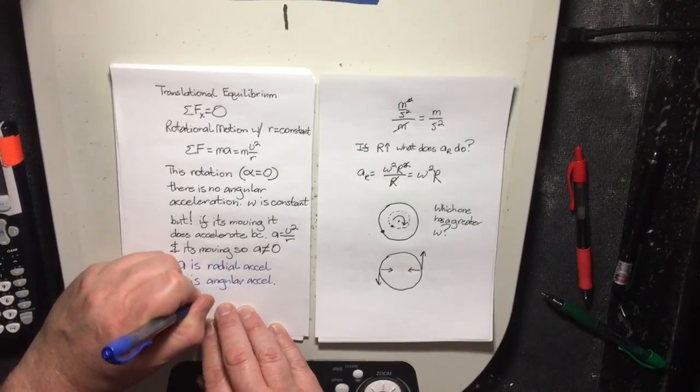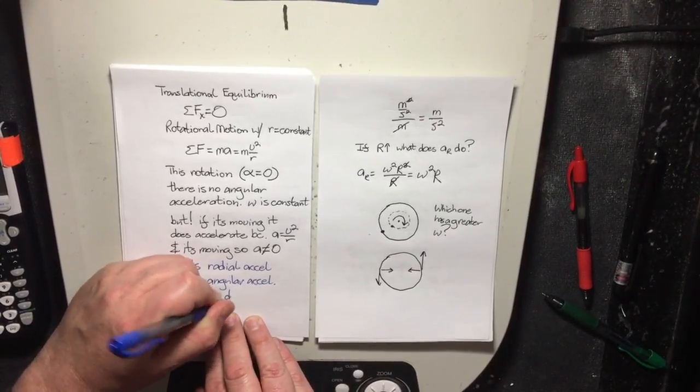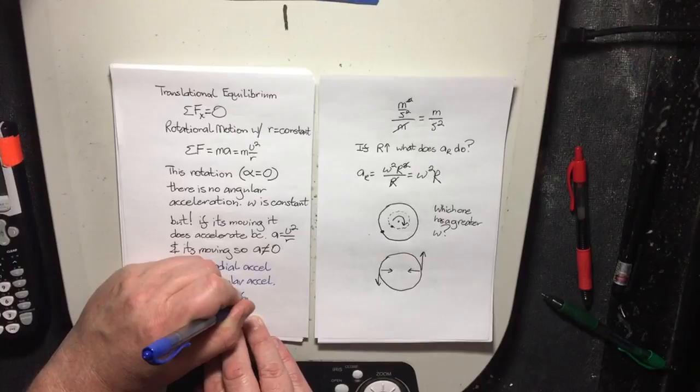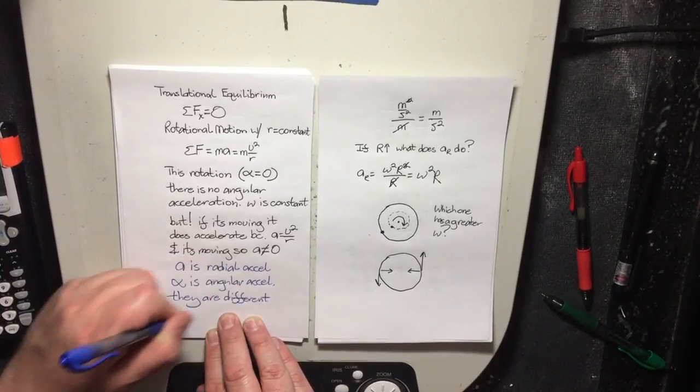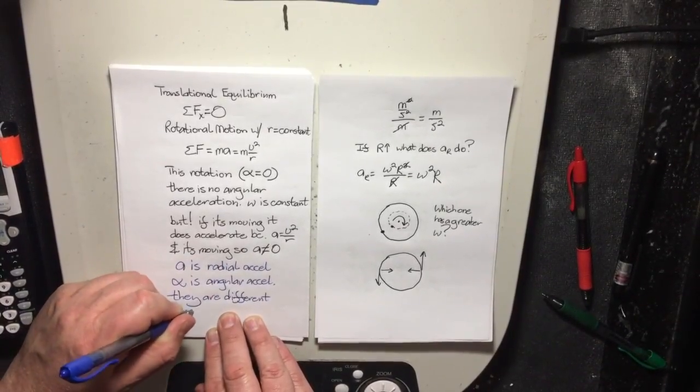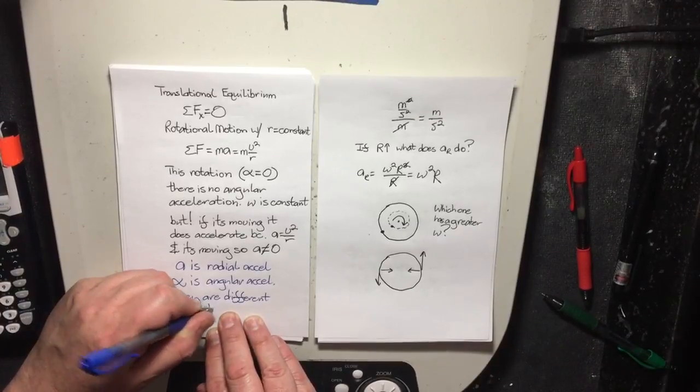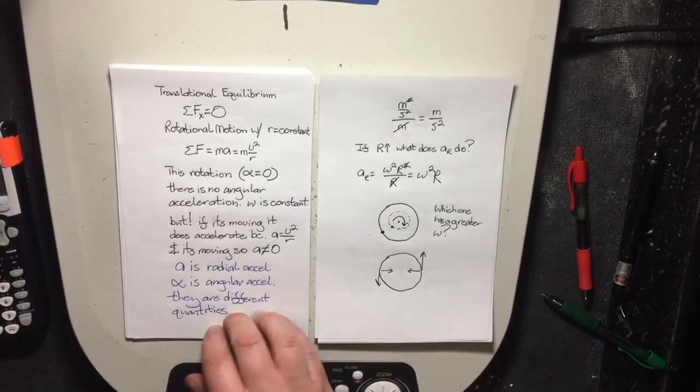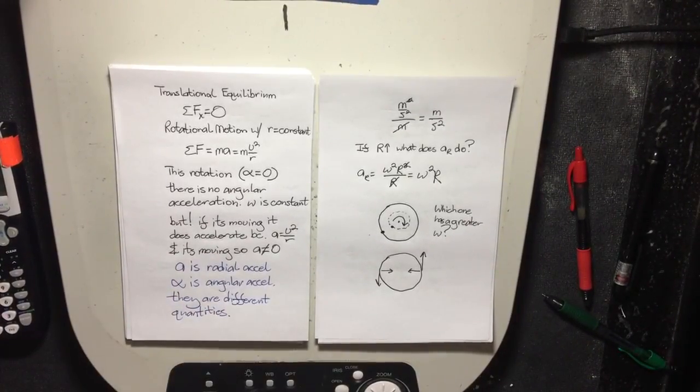They are different quantities. So you need to understand that a and alpha are different.